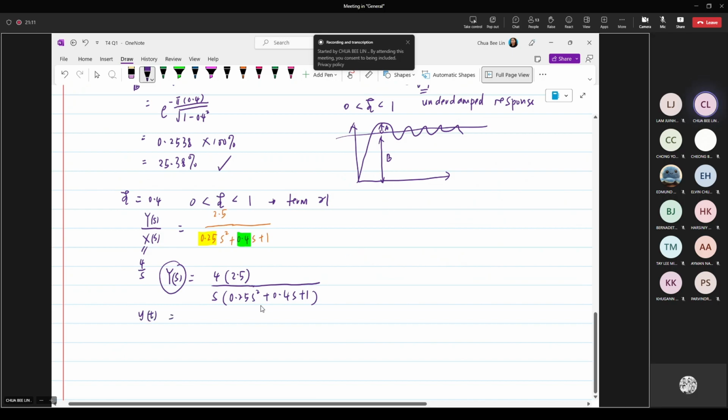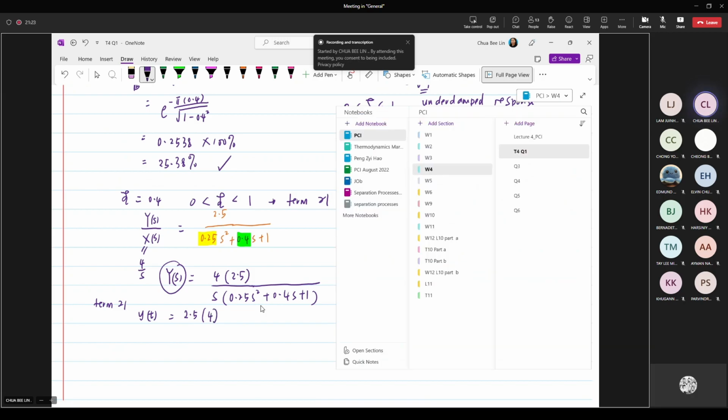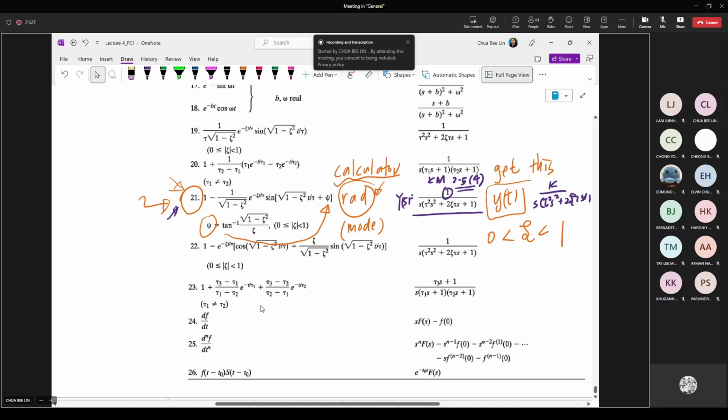So this one is term 21. So you'll be having 2.5 multiplied with the 4. Okay, then you copy the whole thing of this one, and also the 5. Okay, the 5 here, then this whole thing, and change the calculator mode to radian.